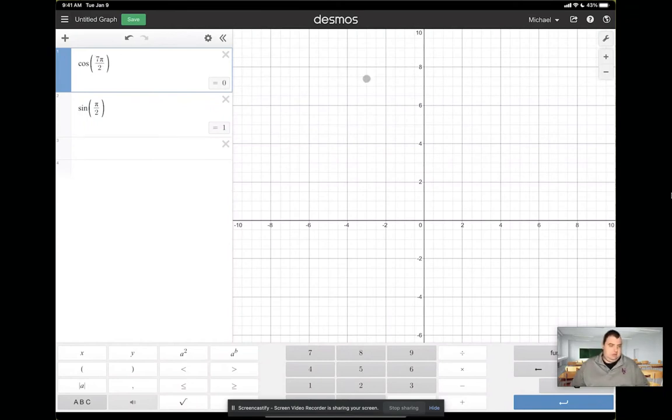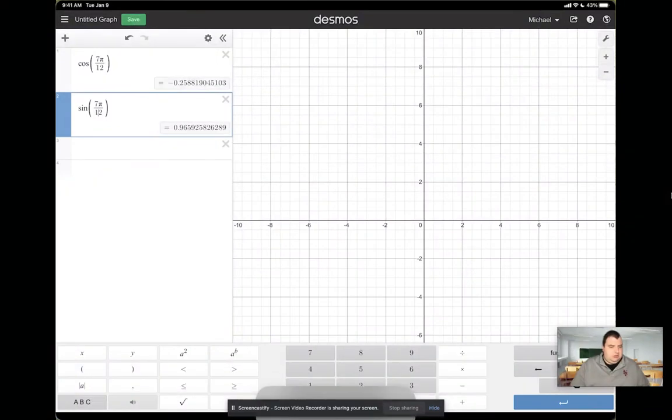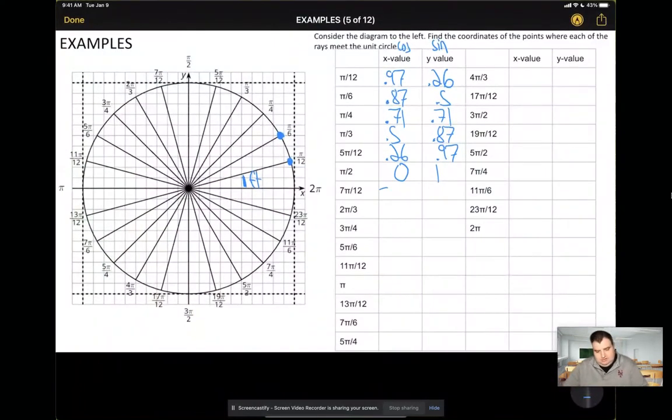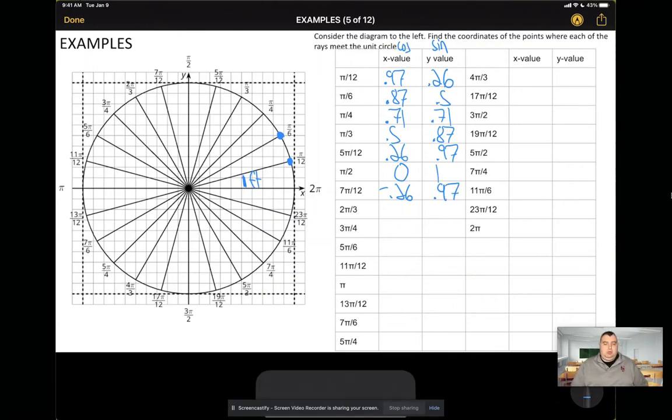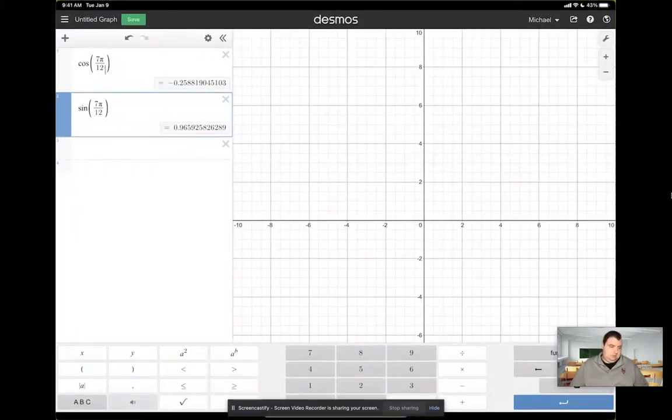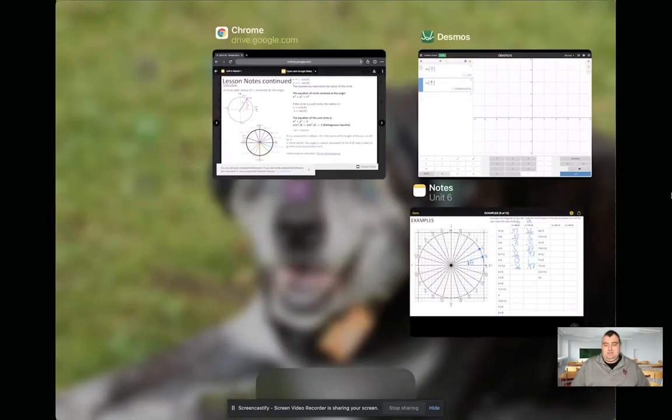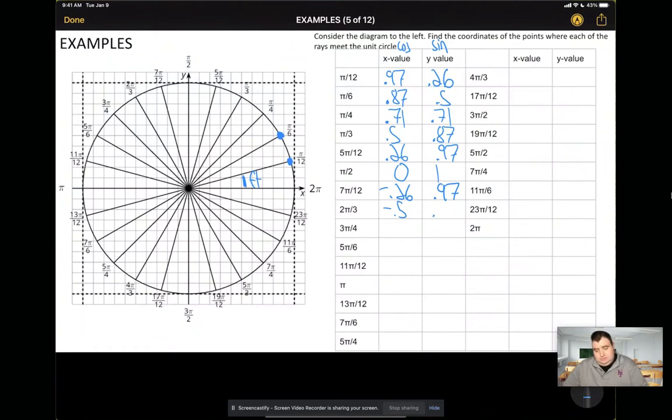7 pi over 12. So negative 0.26 and positive 0.97. 2 pi over 3. So negative 0.5 and positive 0.87. 3 pi over 4.